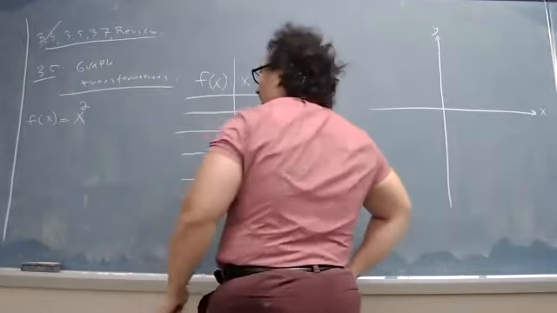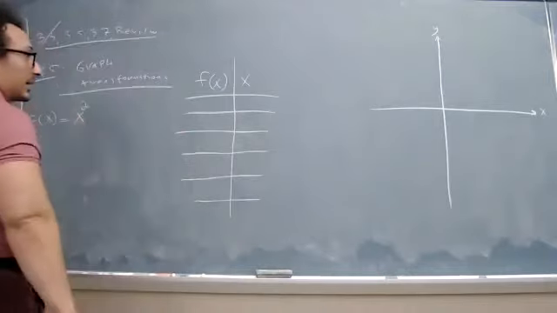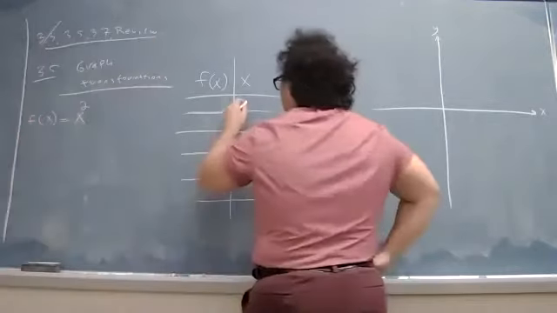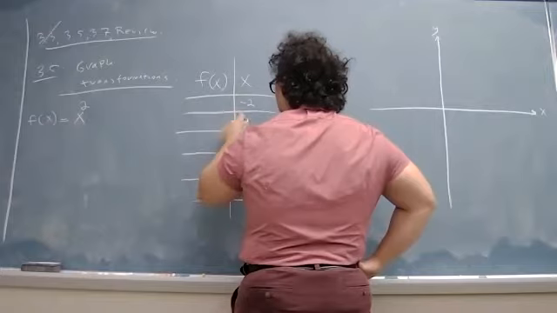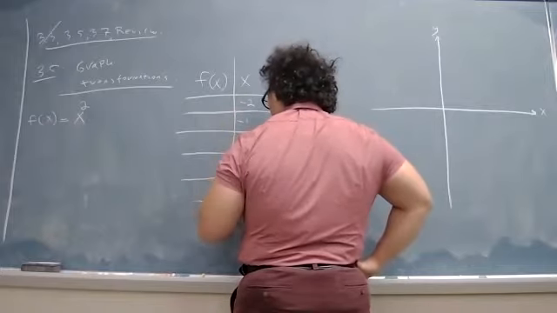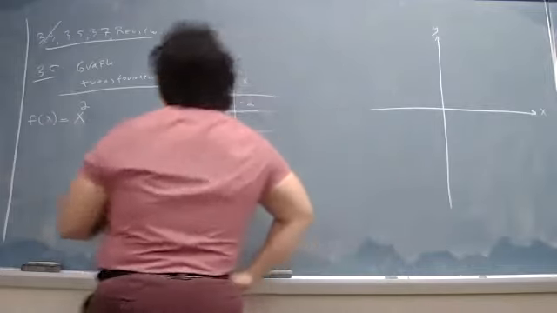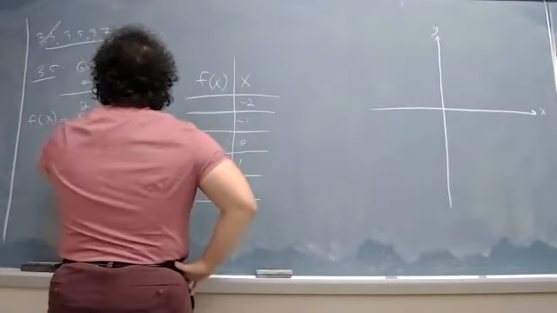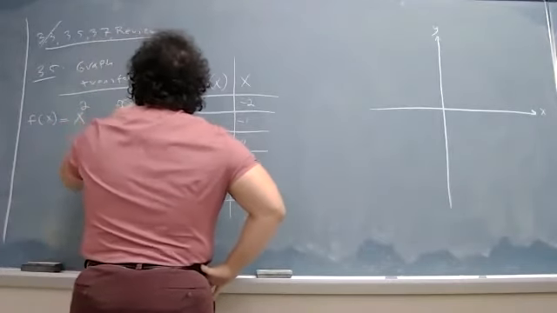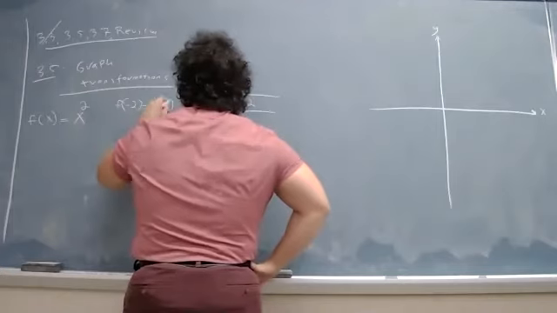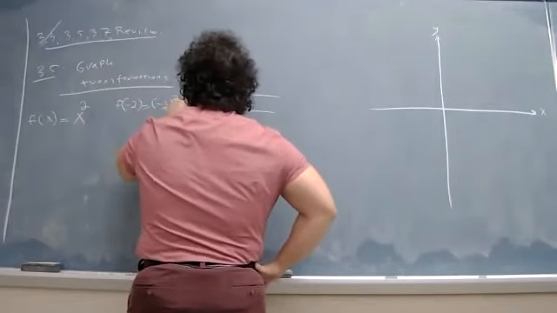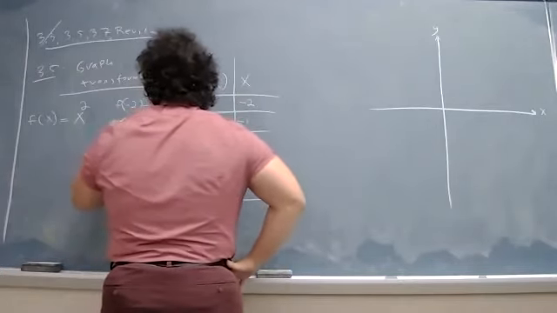So to see what our f of x is equal to x squared looks like, we pick some sample points, symmetrical points about the origin. Let's say -2, -1, 0, 1, and 2. Then we evaluate the function at these points. So what is f of -2? Well, that's equal to -2 squared, which is equal to +4. What is f of -1?